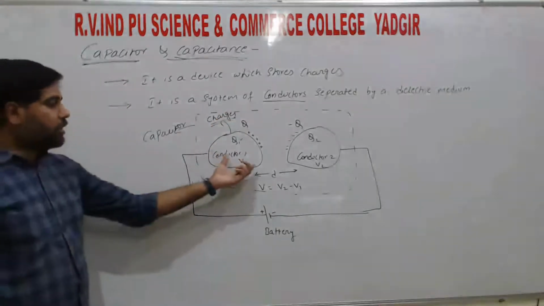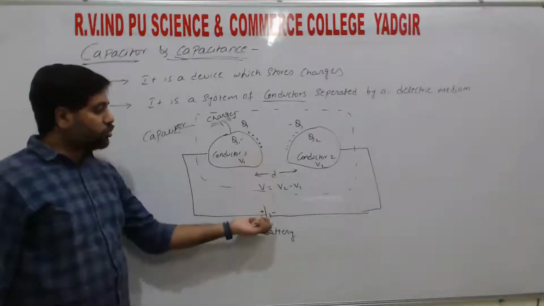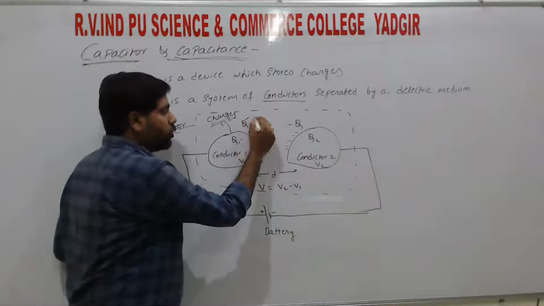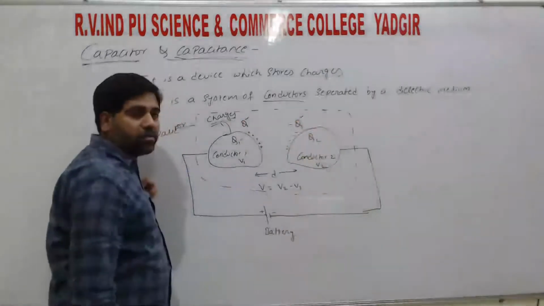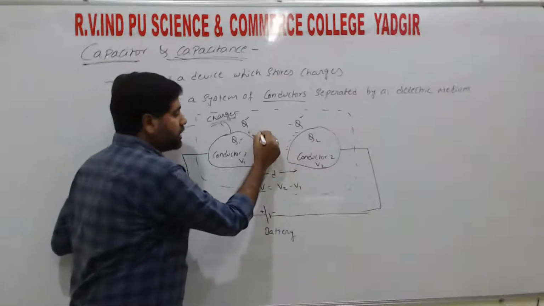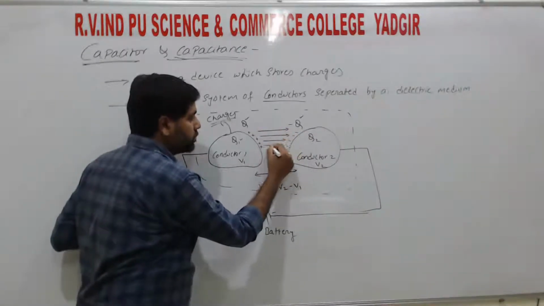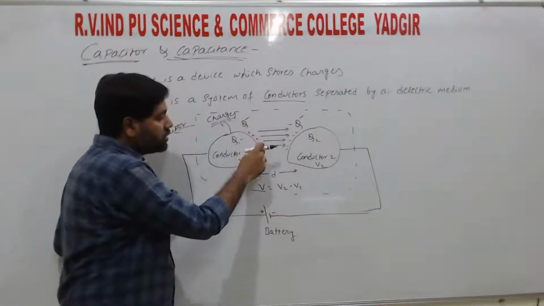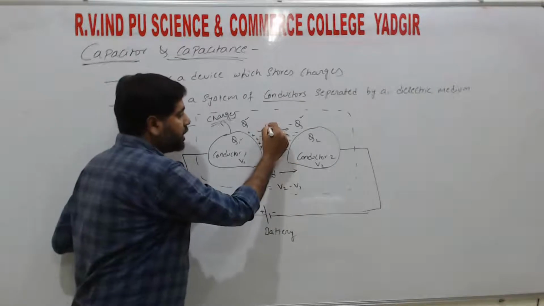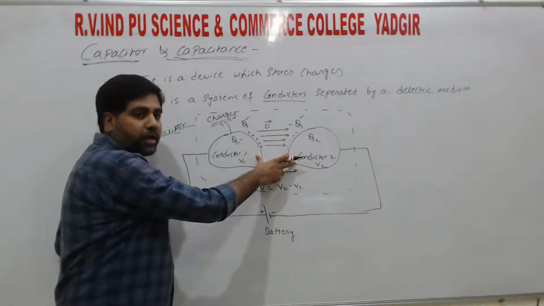One conductor is taken as positive and the other as negative, and then there is an electric field in between the two conductors, from the positive charge to the negative charge, right? As the charges are uniformly distributed on the surface of the conductor, the electric field is uniformly distributed in between the two conductors, right?